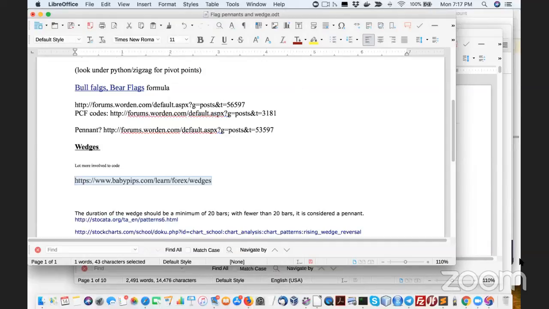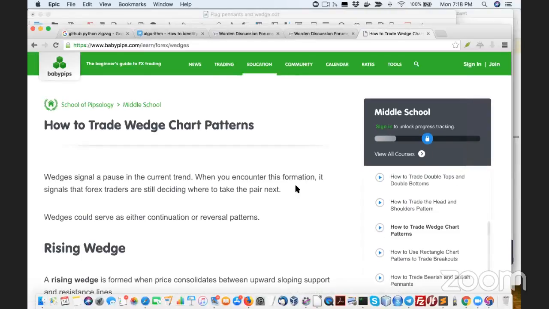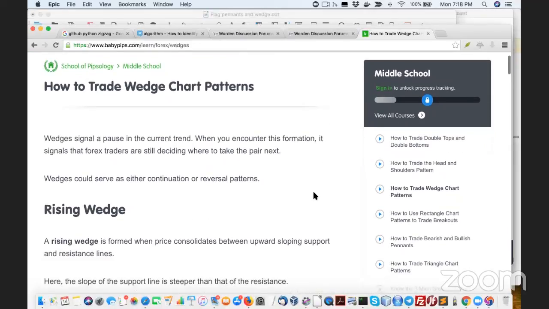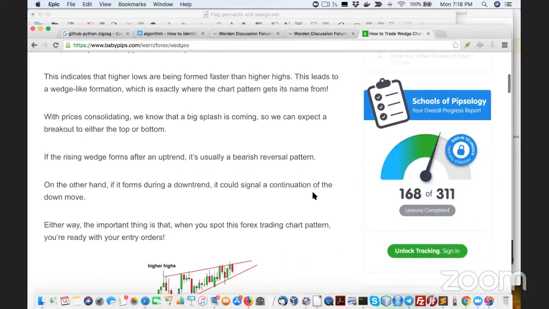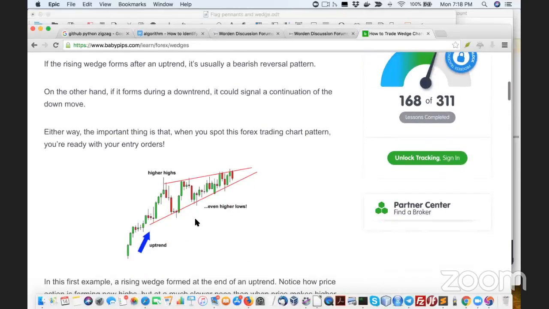Let me pull up that link, and this is a really nice description of wedges. So here are the wedges, and again, chime in whenever you want, either on YouTube or the Zoom session. I'm not going to go through this in detail, but wedges are really good because we have an uptrend, with higher highs and higher lows forming.